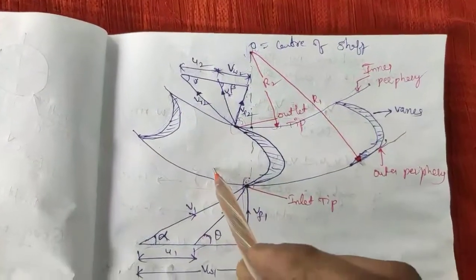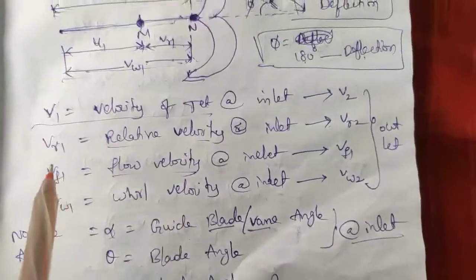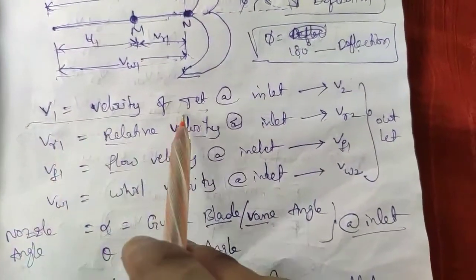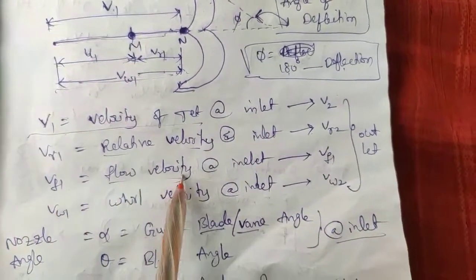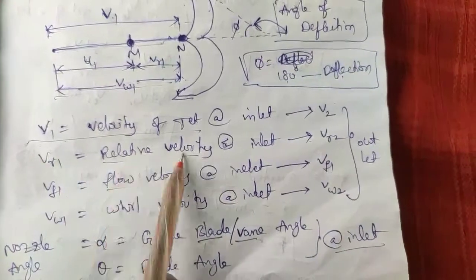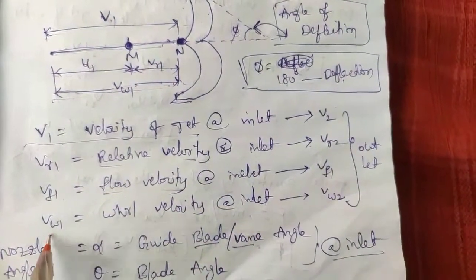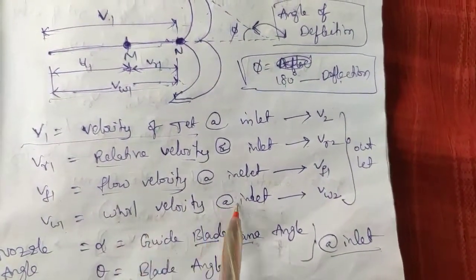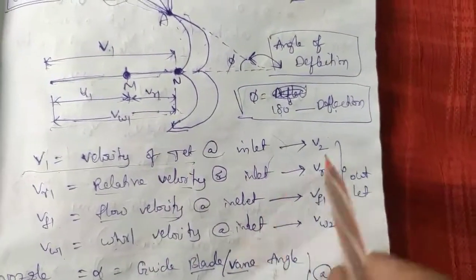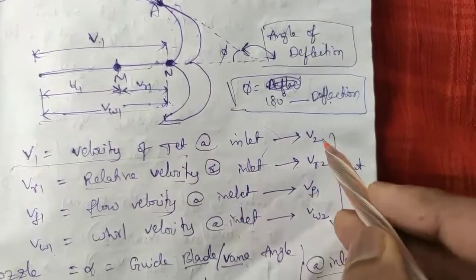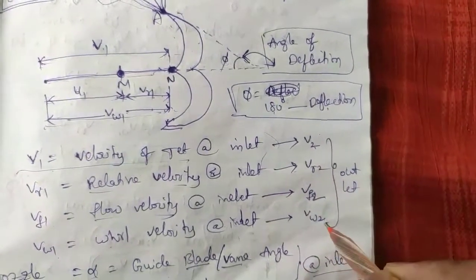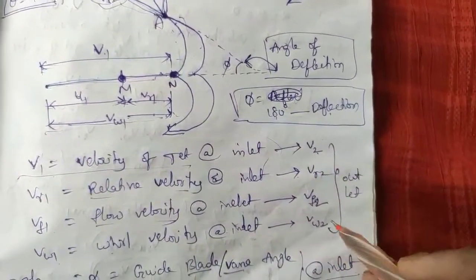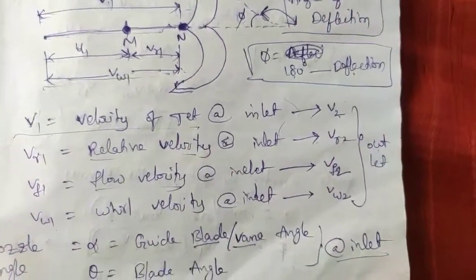This terminology you already know. V1 equals velocity of jet at inlet, VF1 flow velocity at inlet, VR1 relative velocity at inlet, VW1 velocity of whirl at inlet, and corresponding to V2, VR2, VF2, VW2 are the same velocities at outlet.